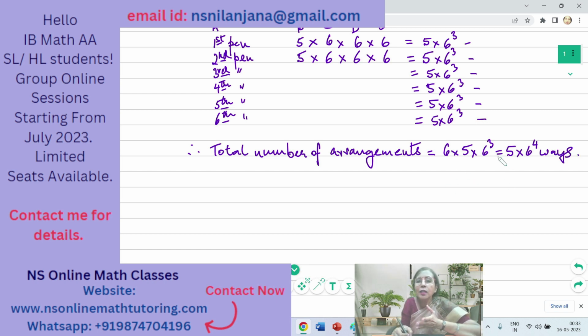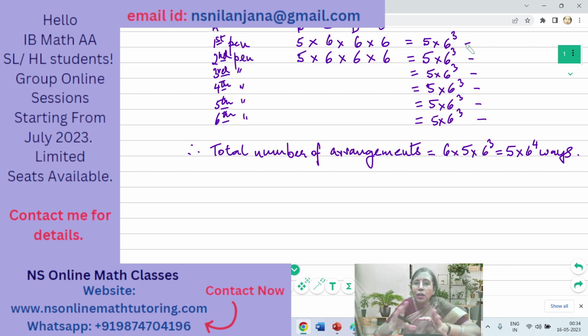Now, this is a paper 1 question, so you will not be allowed to use the calculator. 6 to the power of 3: 6 times 6 is 36, 36 times 6 is 216. If you know it is 216, fair enough, you will be multiplying again 216 with 6. But if you think that you don't have that much time, I would suggest that you keep your answer this way.